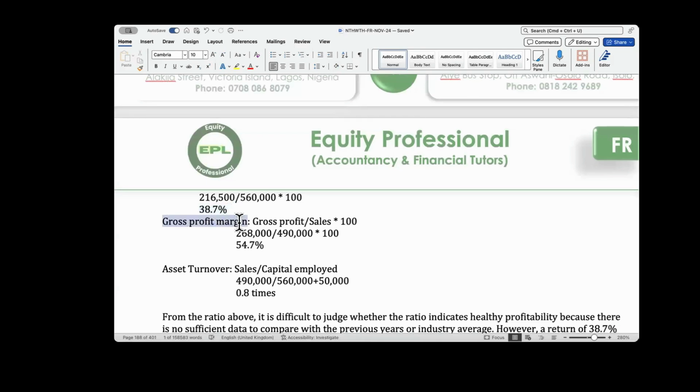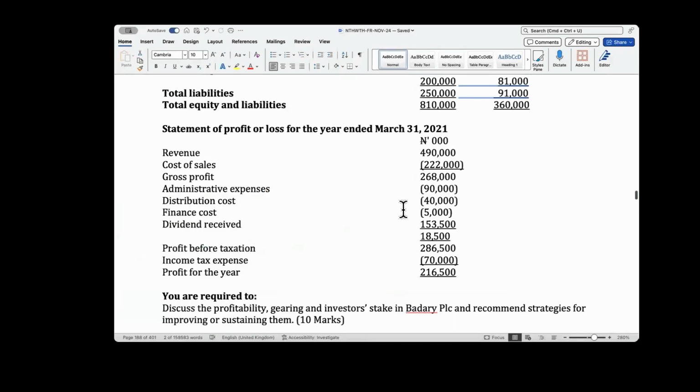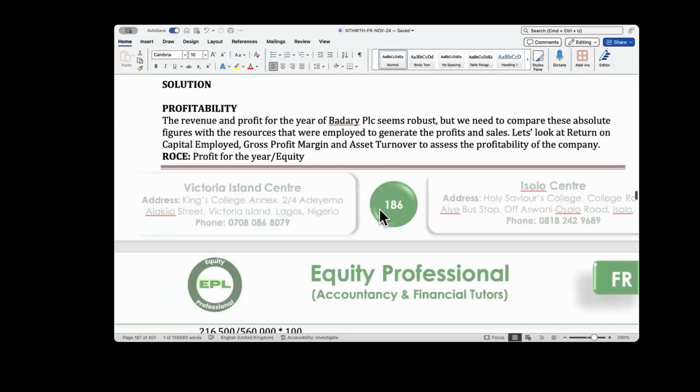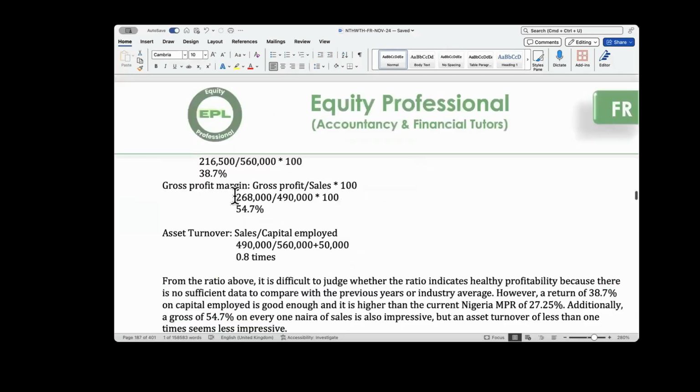Then I did gross profit margin, which is gross profit over sales. The gross profit given in the question is 268,000 and the sales is 490. Then I have 268 over 490 times 100, 54.7%. Then I did asset turnover, which is sales over capital employed.